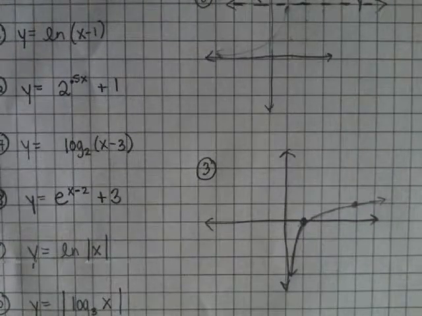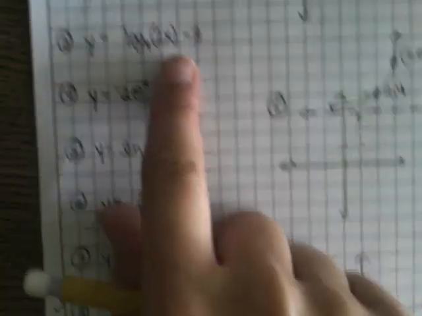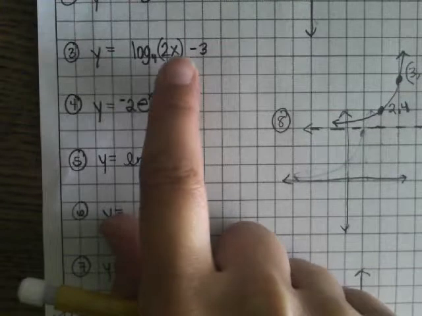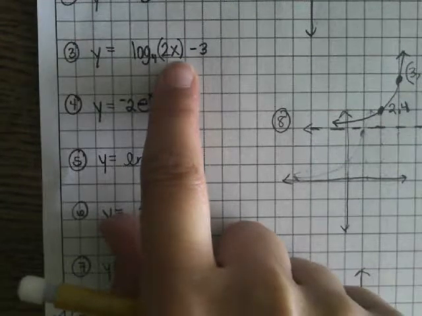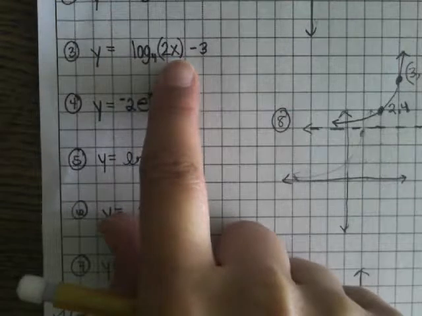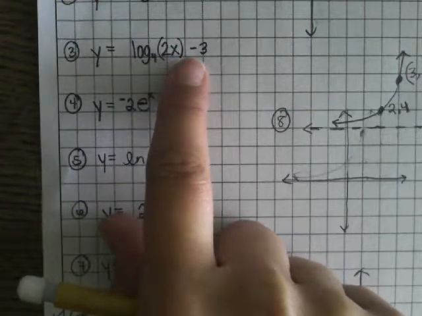But what are the transformations and in what order to convert log base 4 of x to log base 4 of 2x minus 3? What transformations and in what order? Paul.